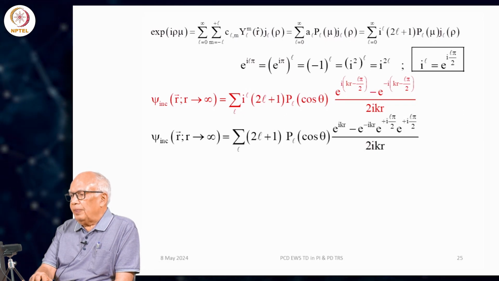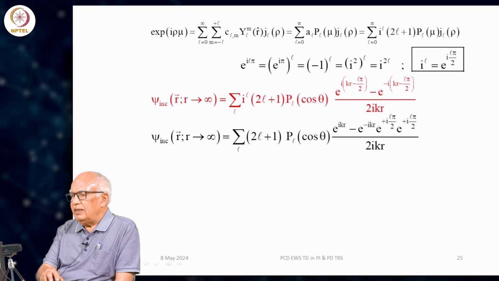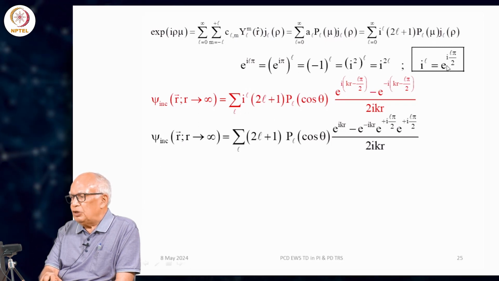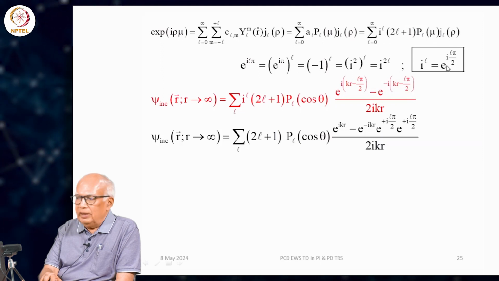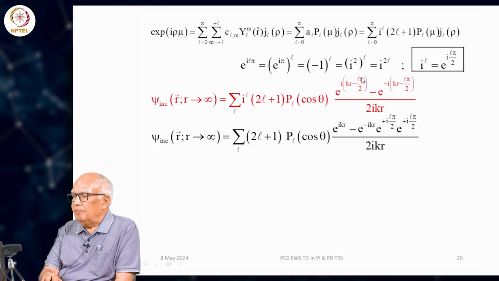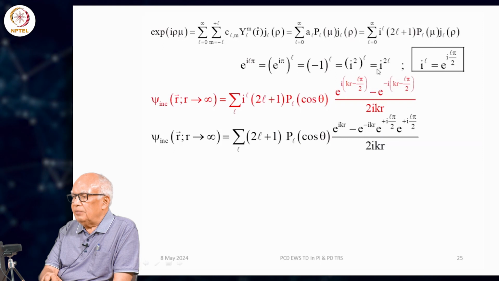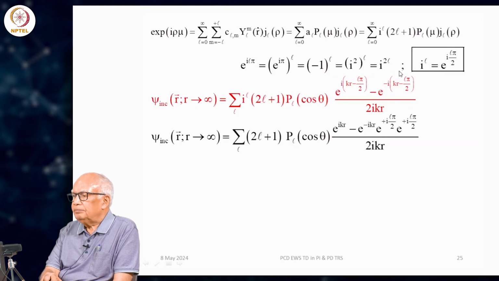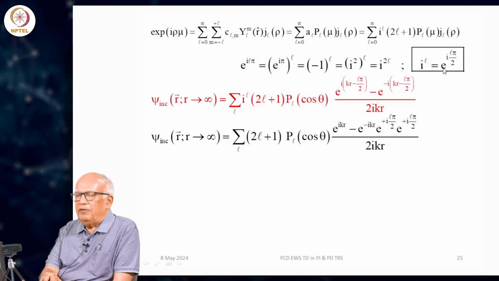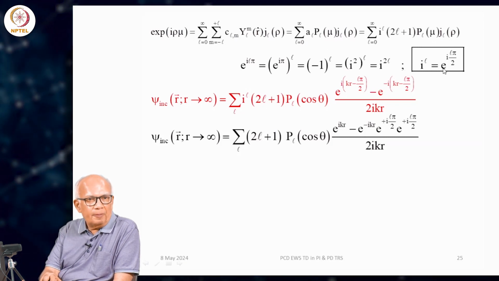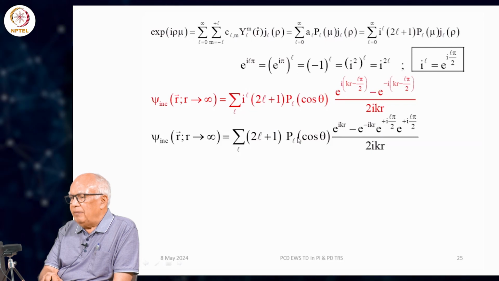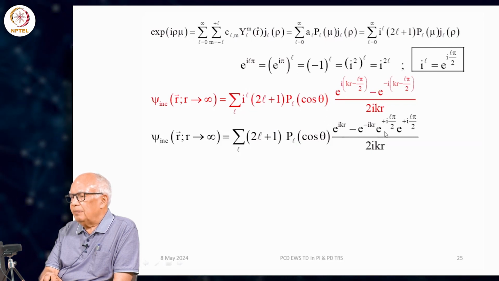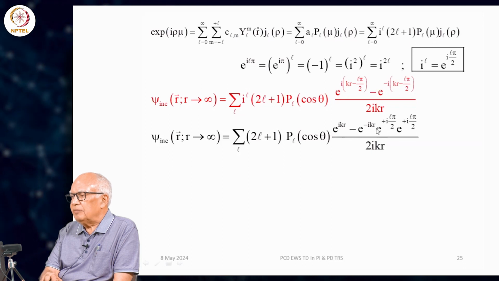In this basis set I have this i to the power L, which is actually a phase, L pi by 2. I multiplied everything by i to the power L, both the terms.